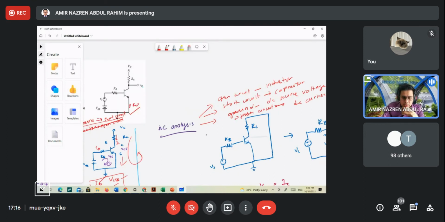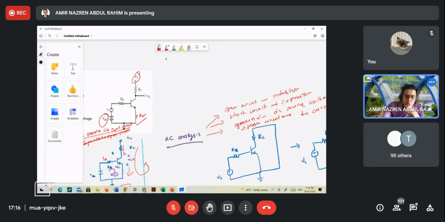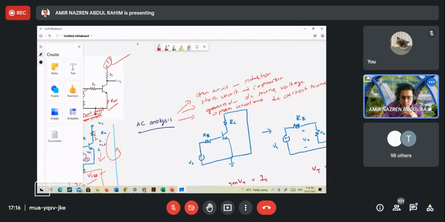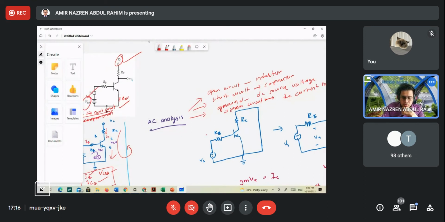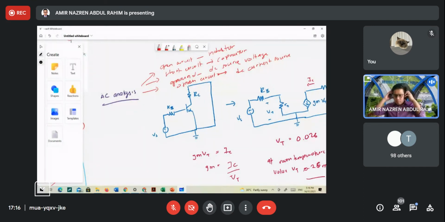Okay, in this circuit, we only have the DC voltage source, so we need to ground it. As a result, we got this. RC we connect with the ground, and from the source VB we connect to ground.